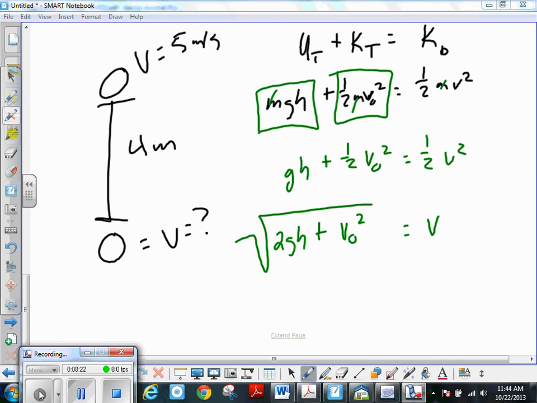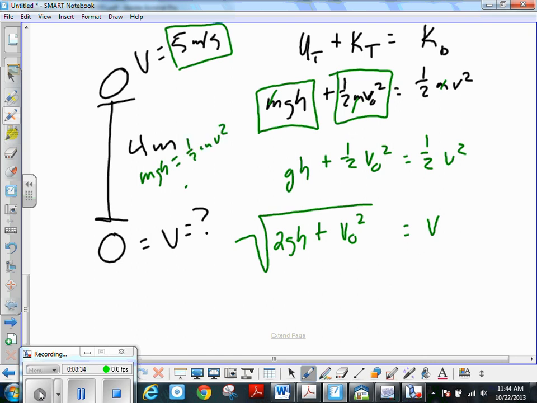In other words, what kids have done in the past is they said, well, I have 5 meters per second here, and then they figure out their mgh difference and set that equal to 1/2 mv squared, and then they find a v according to this, and then they just add that v to that. That does not work. So you can't just add to your initial velocity. You have to include that velocity in the energy form and then solve for your velocity.